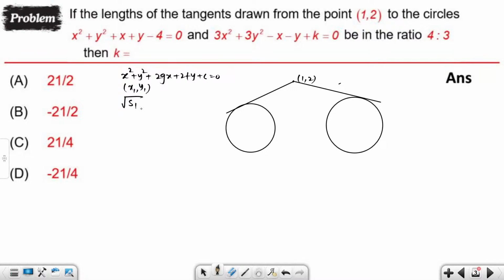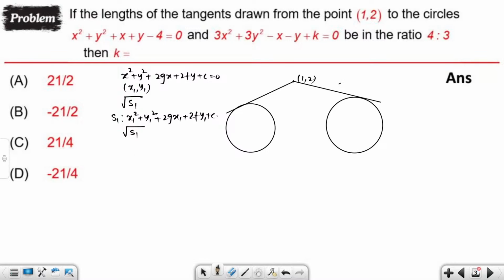This we have learned. What is S1? S1 is the power of the point (x1, y1) with respect to the given circle. S1 will be x1 square plus y1 square plus 2gx1 plus 2fy1 plus c. So the length of the tangent will be the root of this power of the point.